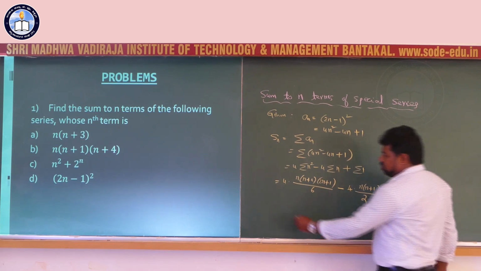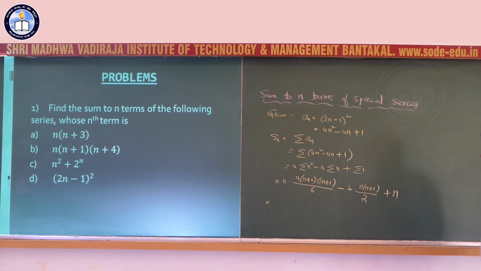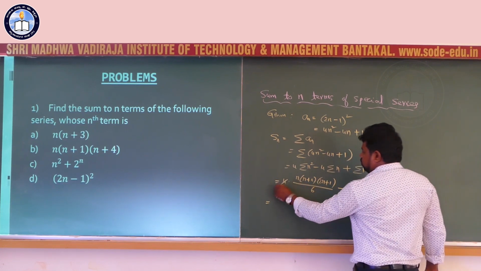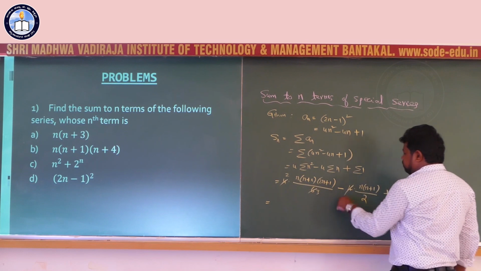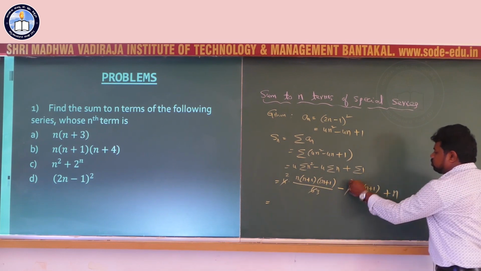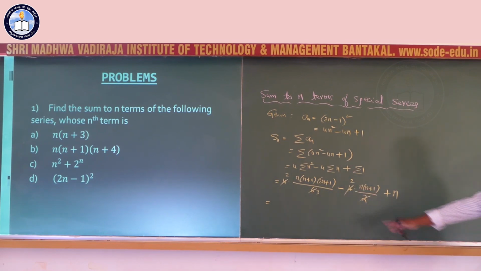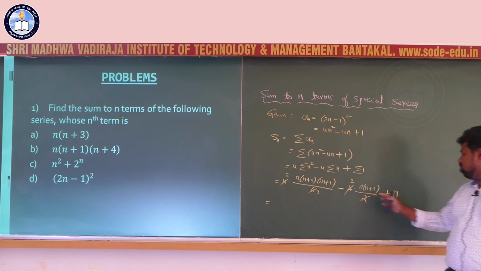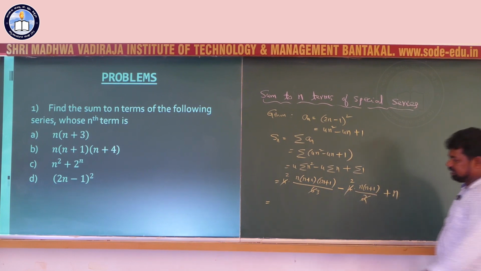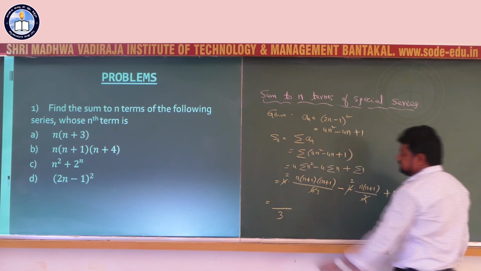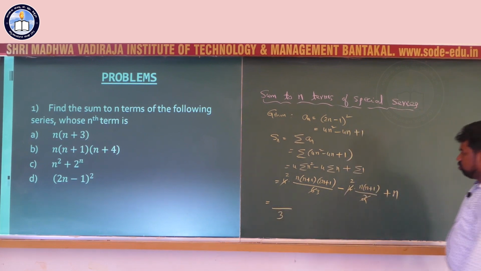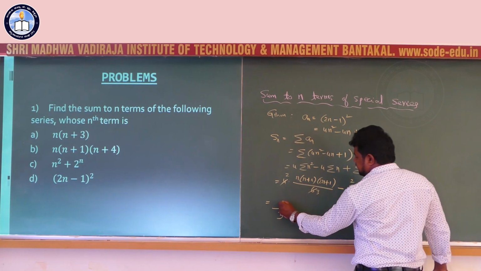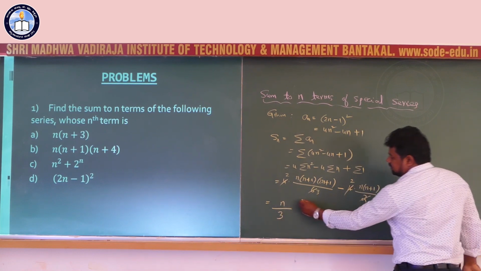that is equal to, here 2 2s are 4, 2 3s are 6, 2 1s are 2. Here 3 is the denominator, here 1 is the denominator, here 1 is the denominator. So I take 3 outside. Also n is common in all the 3 terms, I take it outside.